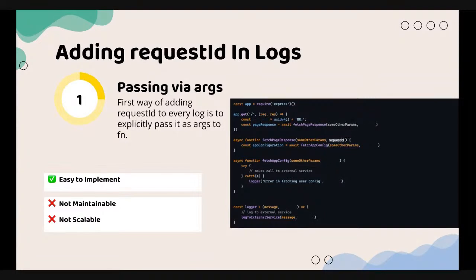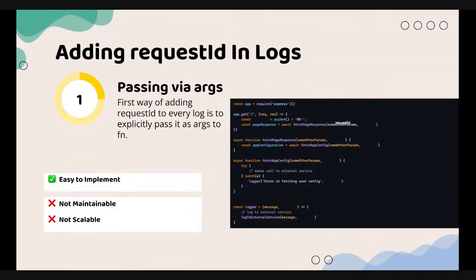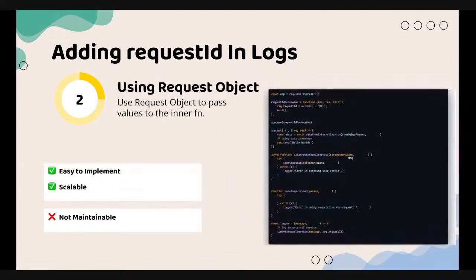So we tried another approach. As you can see in the first one, we are passing the request ID to each function. Let's go for the second one. The second one uses the request object that we get from the Express server. We pass the request ID on it.